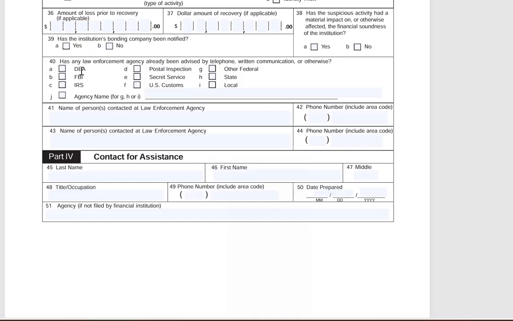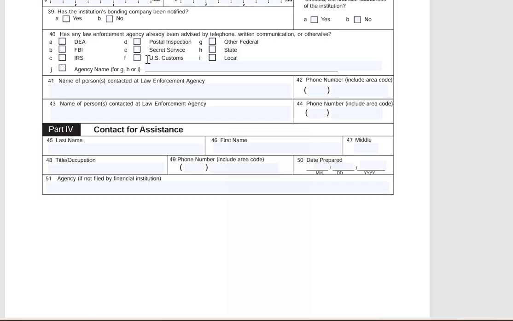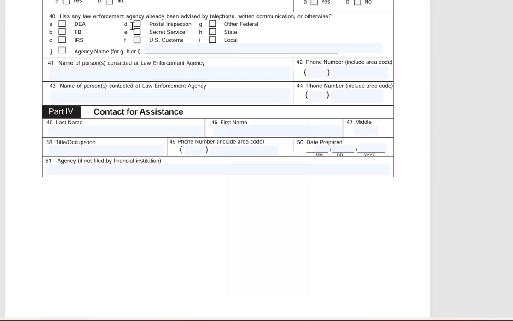The enforcement agency name will be mentioned or ticked there, and if other, they mention it there. And the name of the person contacted at the law enforcement agency, if that happened, so we need to mention their name. If no law enforcement agency was contacted, that should be left blank.